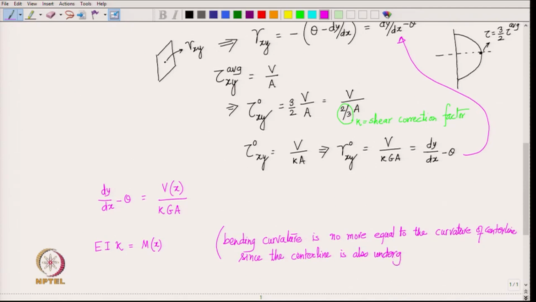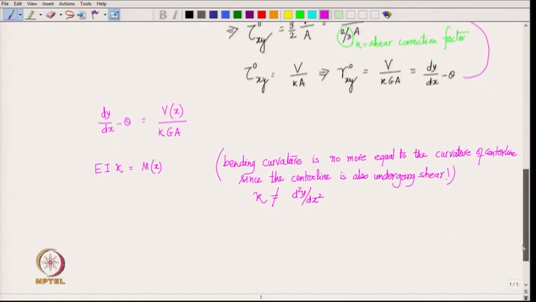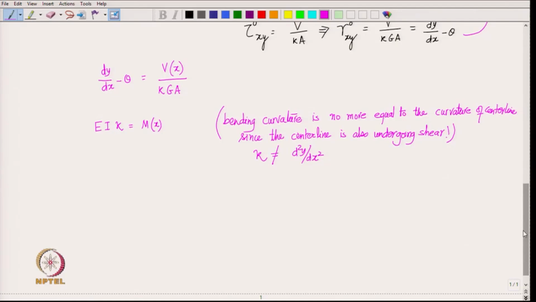Okay. So, that means your curvature kappa is not equal to d2y by dx2, but we can relate curvature kappa to the cross sectional rotation. Let me tell you how.